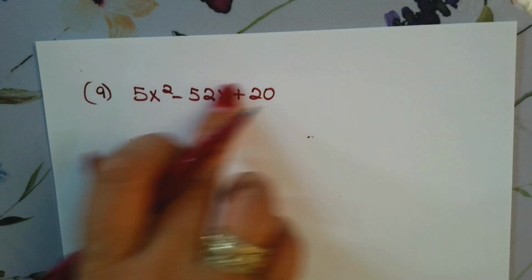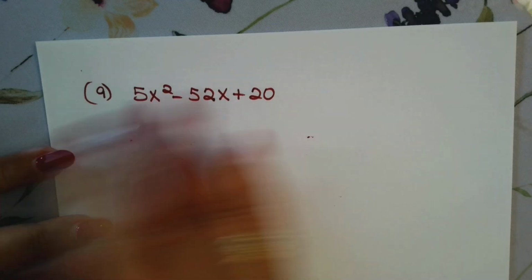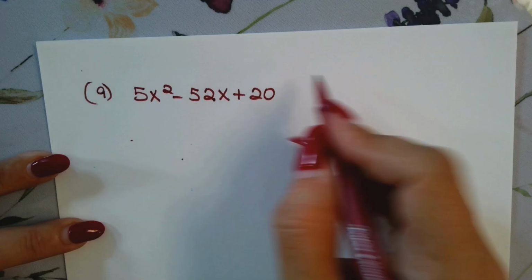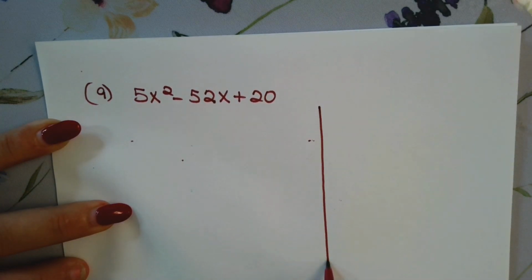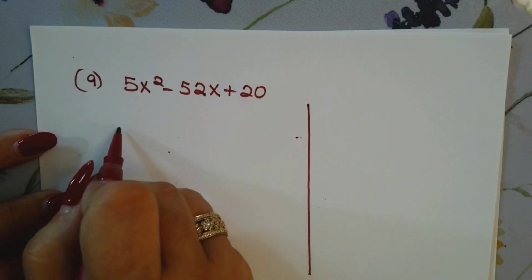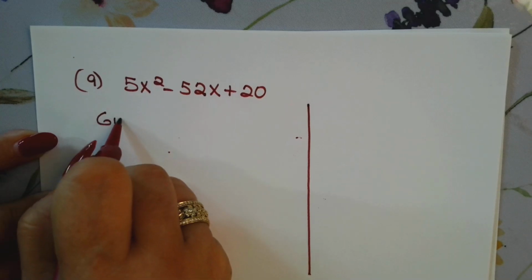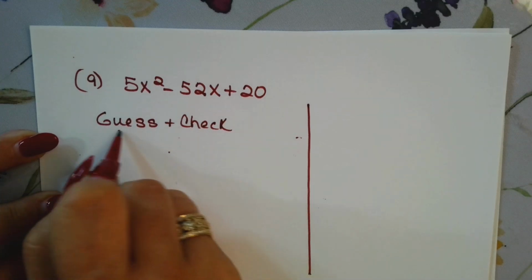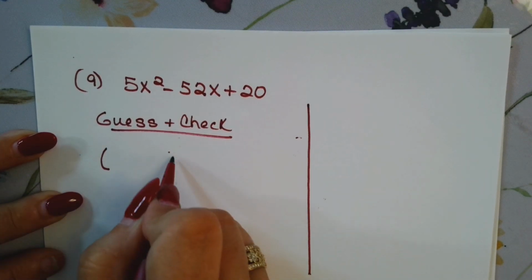So there isn't a greatest common factor here. The way I would do this one, there's 2 ways to do it. In fact, I'll do both ways just the first time. The first way is through what we call guess and check. And basically you're guessing and you're trying to see what works.